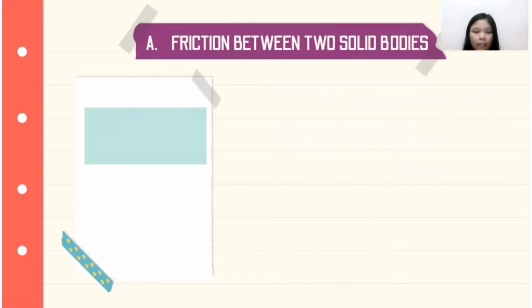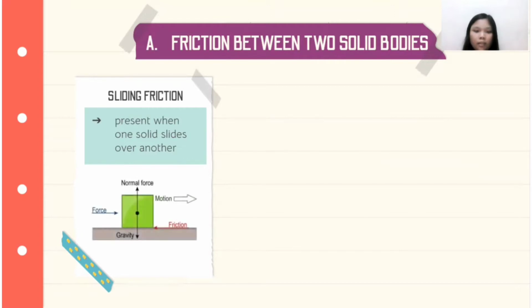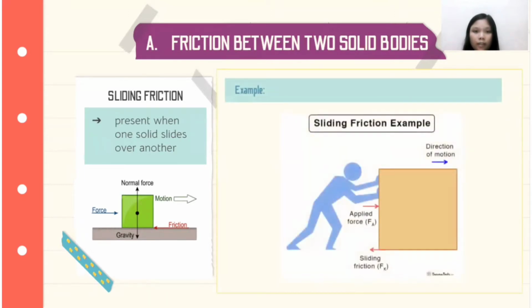The second is sliding friction. Sliding friction is present when one solid slides over another. This is the diagram of sliding friction. As we can see in this diagram, the friction acts opposite to the motion of the box. Here is an example of sliding friction.